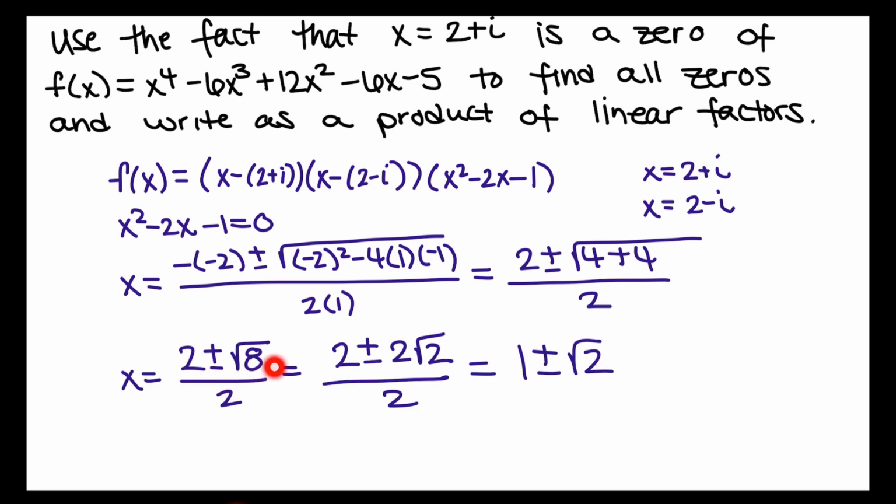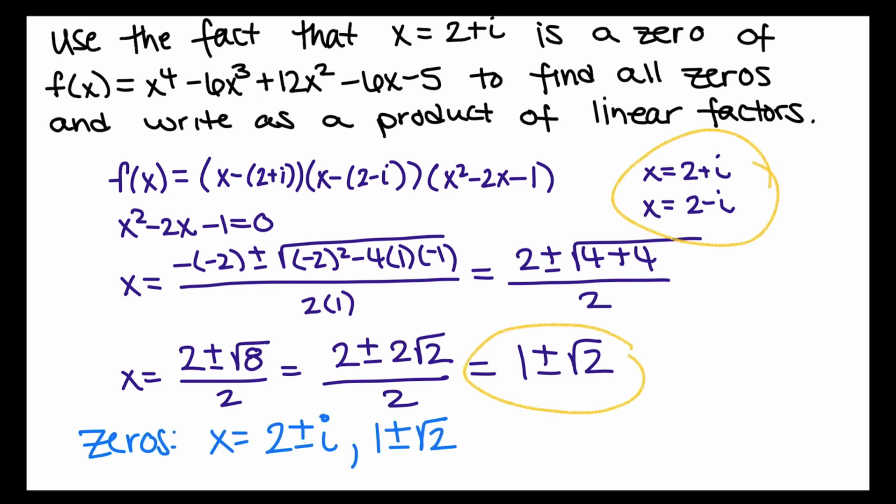So this is 2 plus or minus root 8 over 2. 8 is 4 times 2, so root 8 can be written as 2 root 2. And then we can simplify because 2 divided by 2 is 1, 2 divided by 2 is 1, so we can write this as 1 plus or minus root 2. All right, so there's my zeros. x equals 2 plus i, x equals 2 minus i, x equals 1 plus root 2, x equals 1 minus root 2.